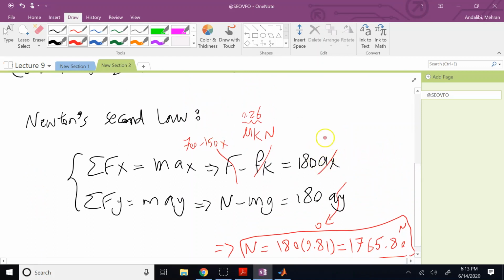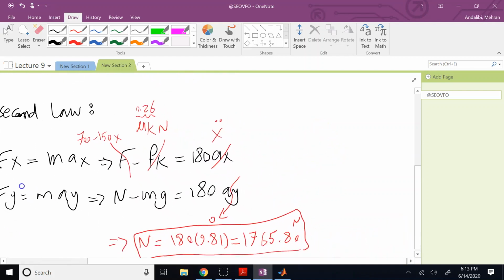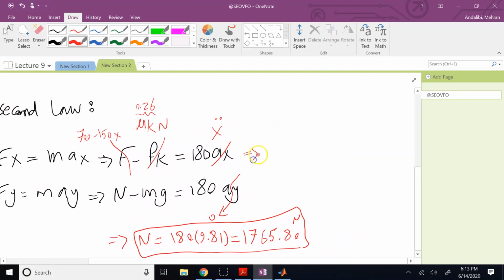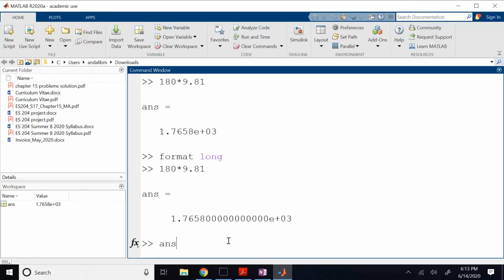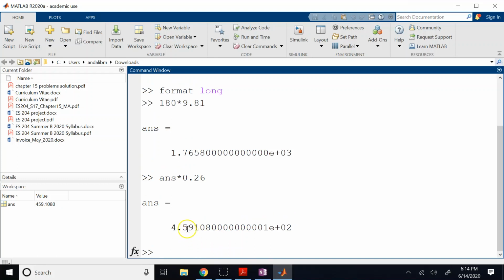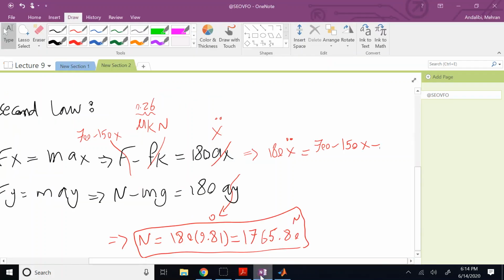And this is 180 times x double dot, of course, right? So if I look at this top one now, it says 180 x double dot is equal to 700 minus 150x minus 0.26 times this number, which is going to be 459.11.